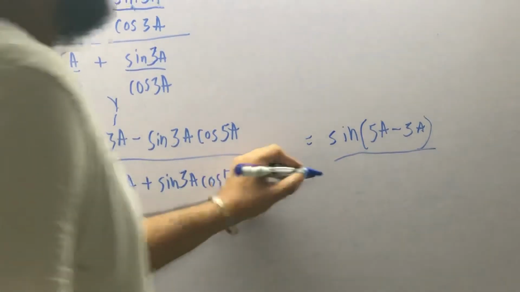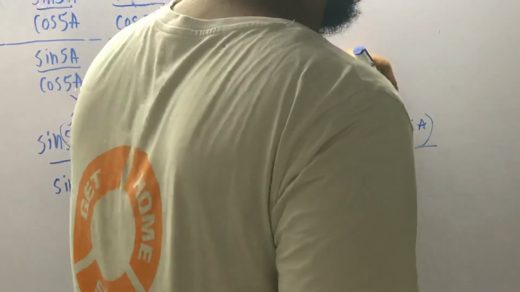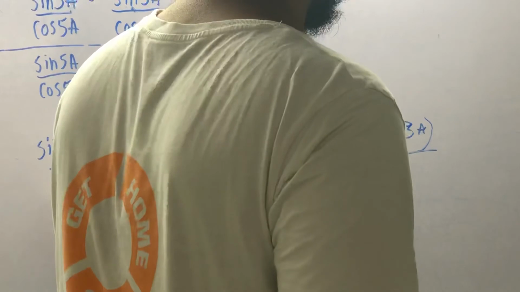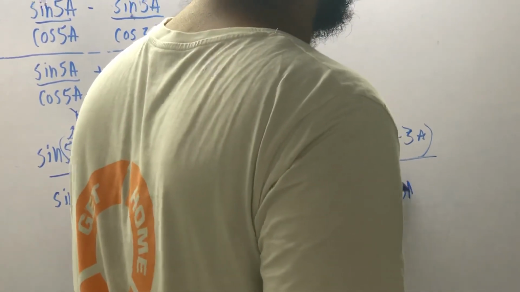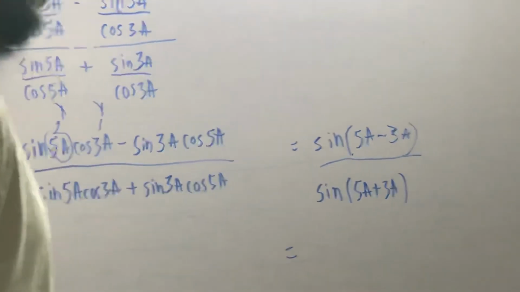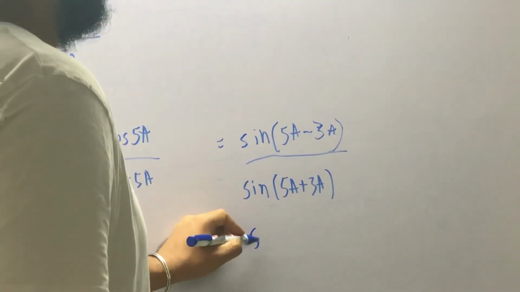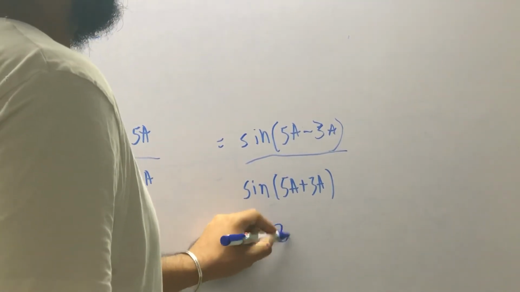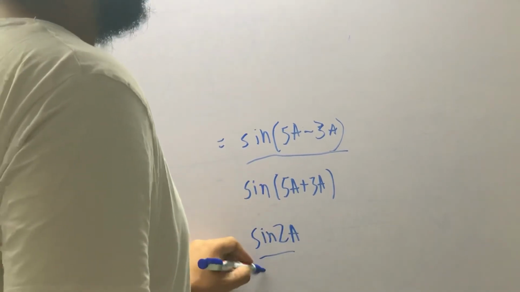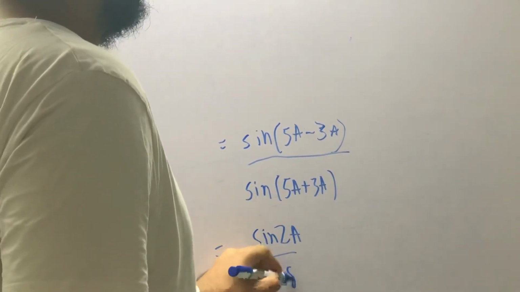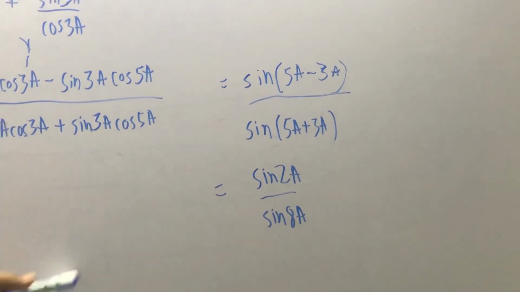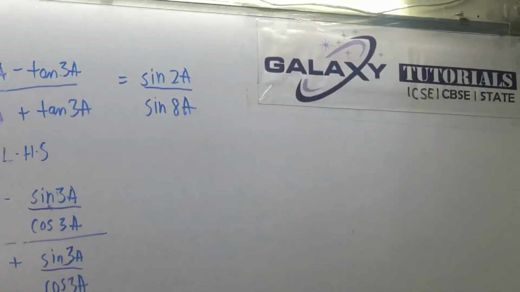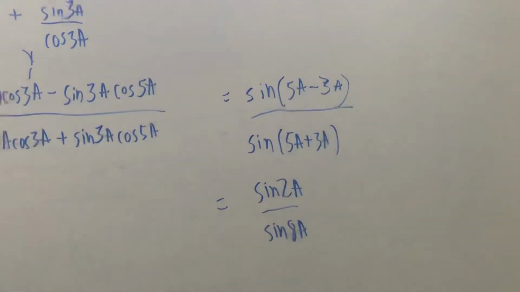So this will be sin 5a plus 3a. So you can write it as sin 2a upon sin 8a. This is your answer. So LHS is equal to RHS, hence proved.